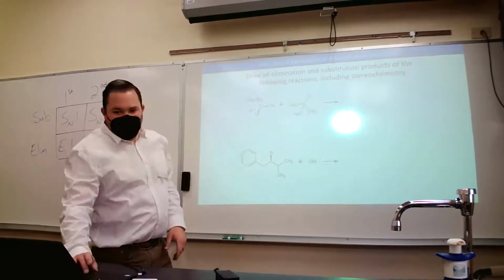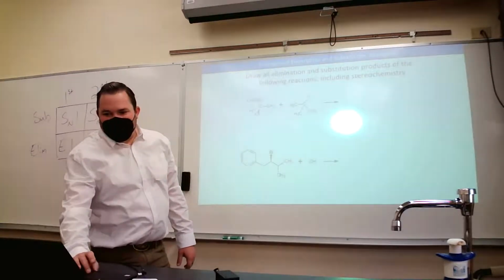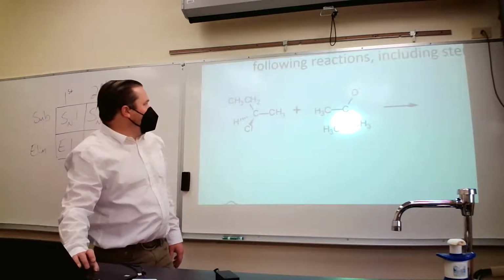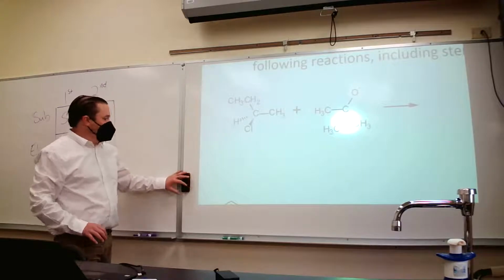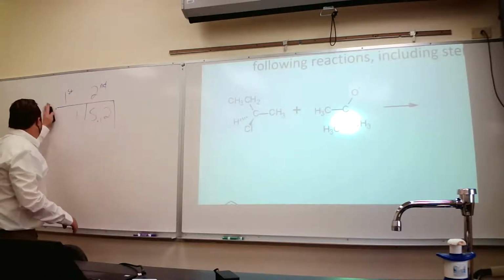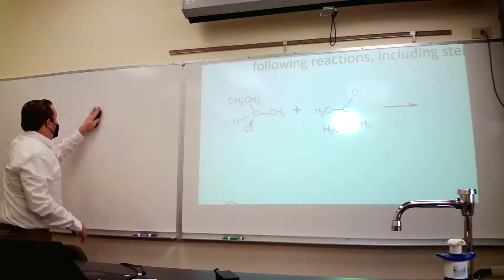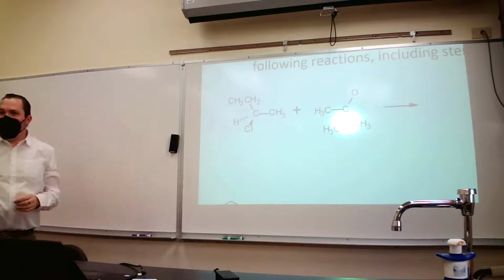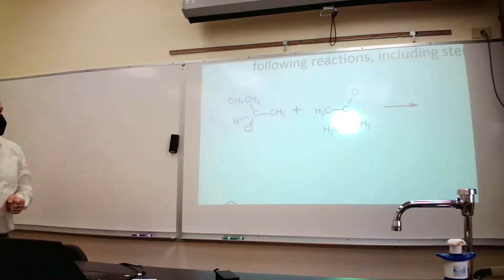Because those are going to be the trace products that are present in very, very small amounts. And I will walk you through the process for this first one and then turn you loose on the second one to practice, to work your way through it on your own before we go over it.